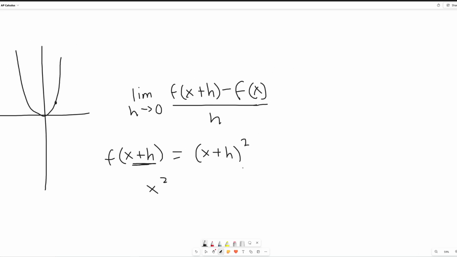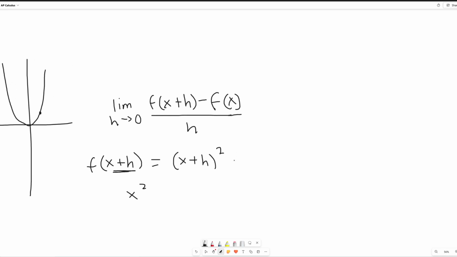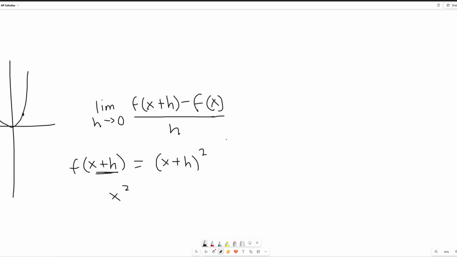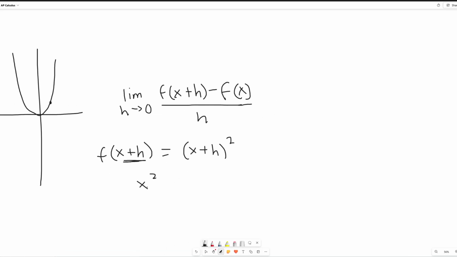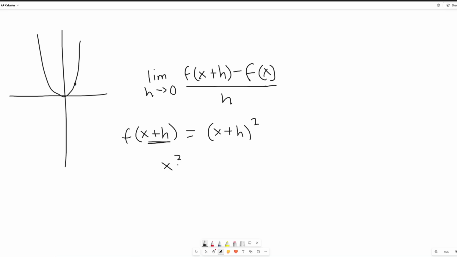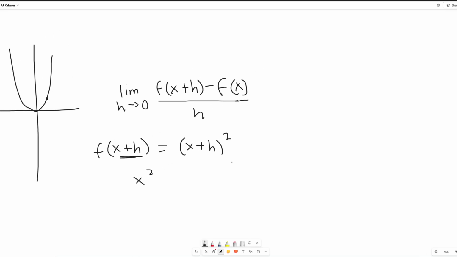So, if you wanted to find what the slope was, you could say, okay, what is x squared at x equals 1? Well, it's just going to be 1.